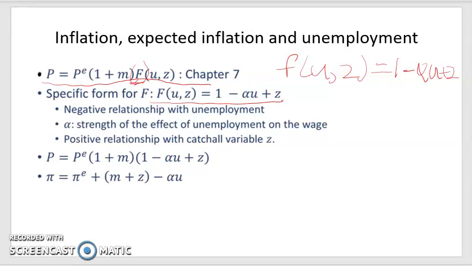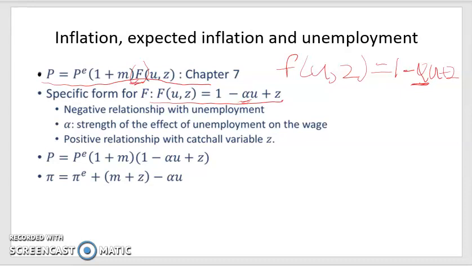So this equation basically captures the notion that the higher the unemployment rate, the lower the wages. And the higher the catch-all variable Z, the higher the wages. So the new parameter there, which is alpha, lowercase alpha in Greek, captures the strength of the effect of unemployment on the wages.